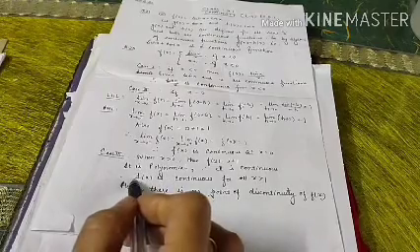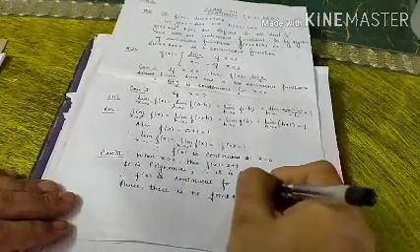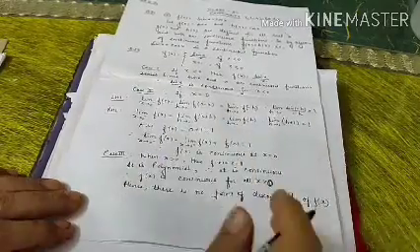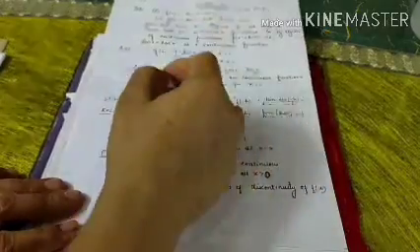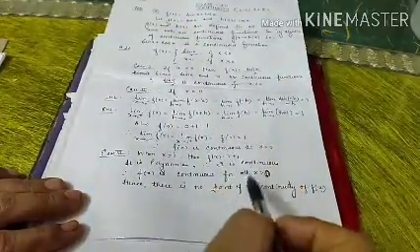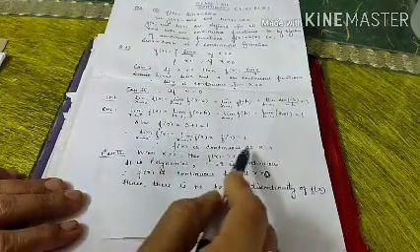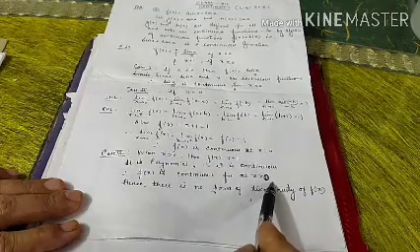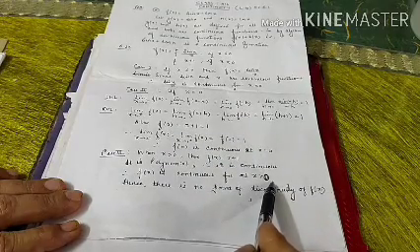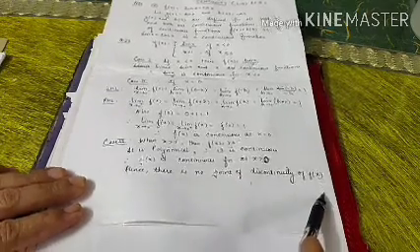So you can say that f(x) is continuous for all x greater than 0. So from here we see that this function is continuous everywhere. It is continuous for x less than 0, for x equal to 0, and for x greater than 0 also. So there is no point of discontinuity of f(x).